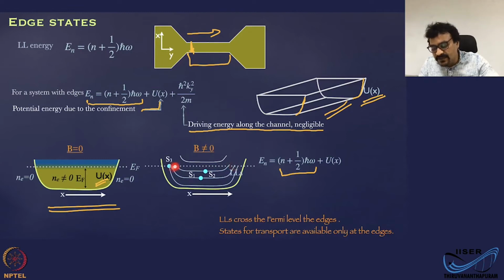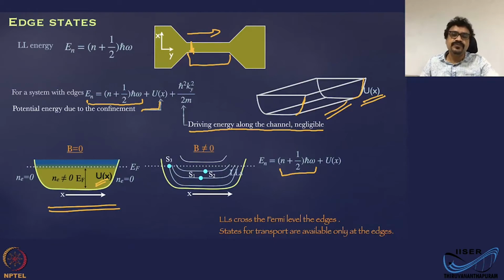But at the edges, you have states, which are the Landau levels crossing because of the rise in potential at the edges. So you have states at the edge for electrons to go through, but there are no states in the bulk. What that means is the bulk is insulating, but the states are conducting. Landau levels cross the Fermi level at the edges. This is the message, and these states are available only for transport, which happens only at the edge.